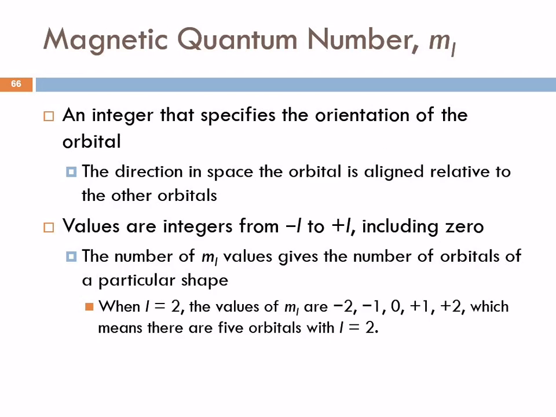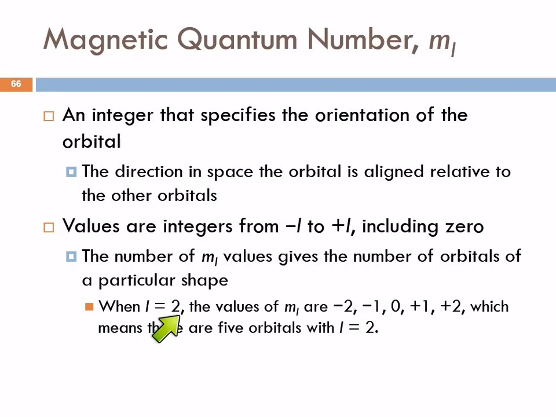And then there's the magnetic quantum number. This specifies the orientation of the orbital, the direction in space that the orbital is aligned relative to the other orbitals. Values for this one are from minus L to plus L, including 0. And so this tells us how many orbitals of a particular shape there are.